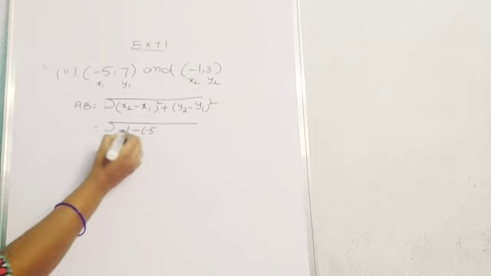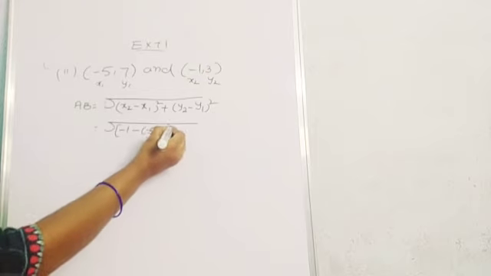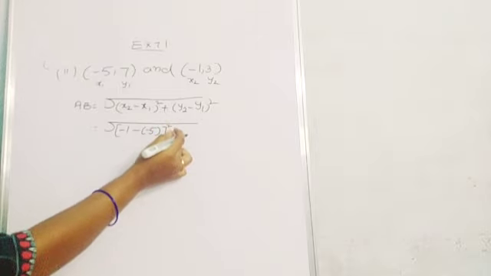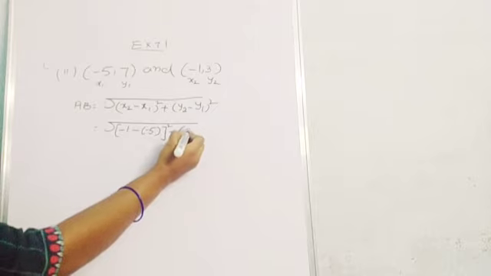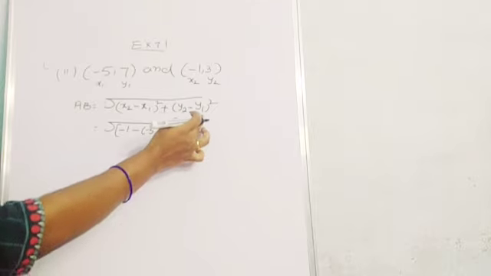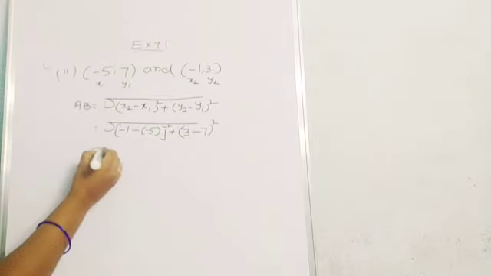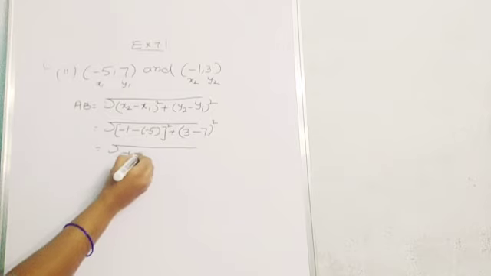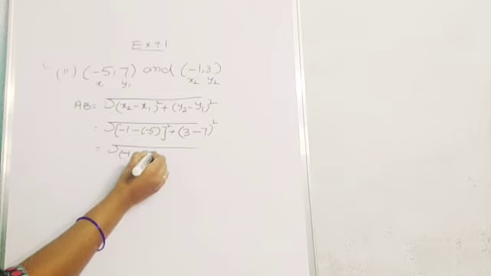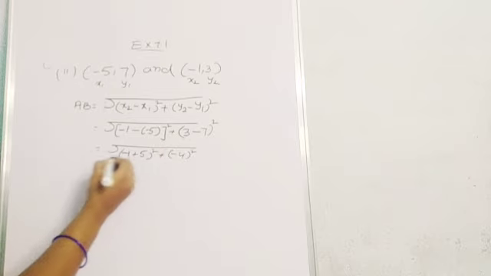Whole square is there, plus y2, which is 3, minus y1, which is 7, whole square. Square root of (minus 1 minus into minus plus 5) whole square plus (3 minus 7, that is minus 4) whole square.